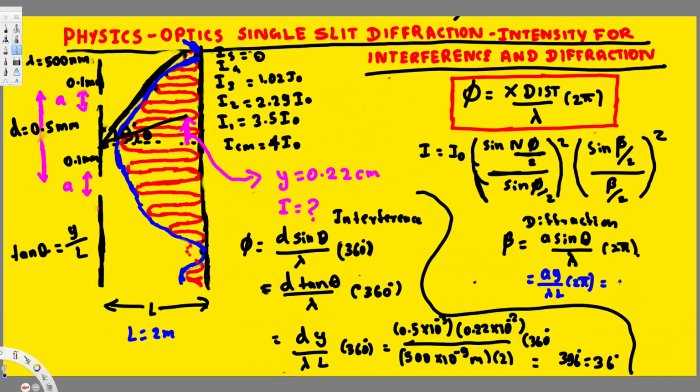Now let's plug the values. a is the slit width, that is 0.1 times 10 to the power minus 3, and y is 0.22 centimeter, so 0.22 times 10 to the power minus 2, and then we have lambda, that is 500 times 10 to the power minus 9, and length is 2, and also we have to multiply this one by 2.5, and if you calculate this one you should get 0.445, and if you convert this one into angle, that's going to be 79.2 degree.